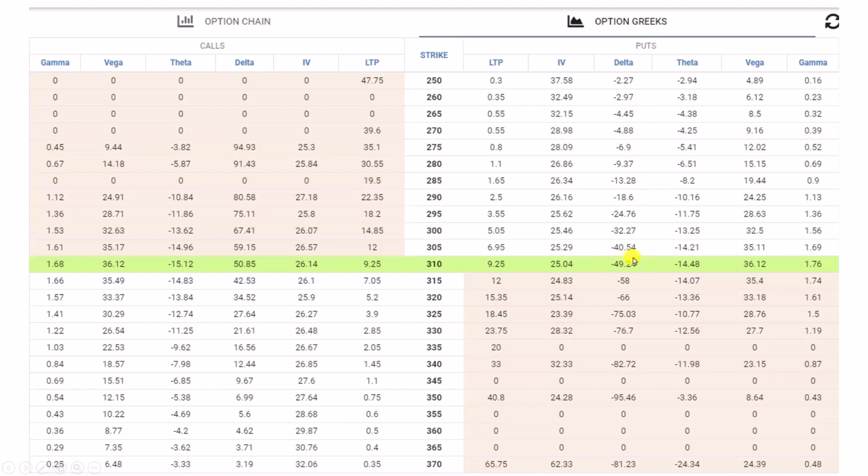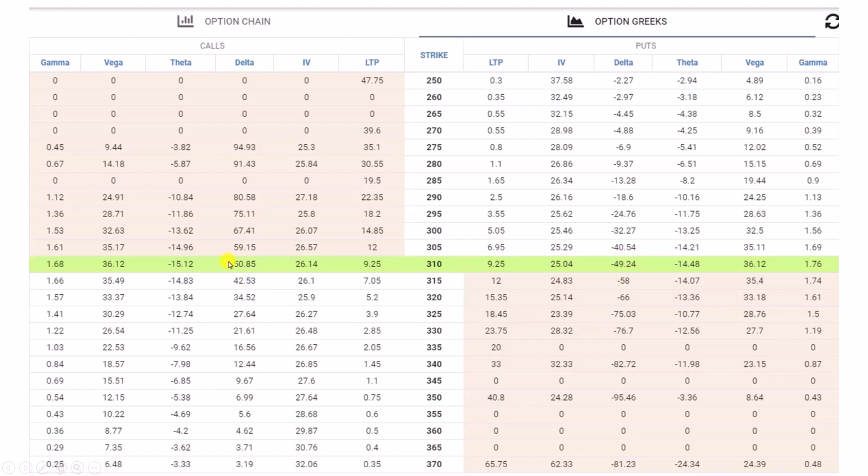What this says is how much the premium will increase if the stock price goes up by 1 rupee. Now, when do we buy a put option? When we believe the price will go down, correct? So if the price of the stock goes up by 1 rupee, then you will lose this much in a put option.